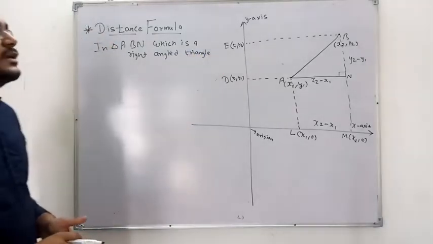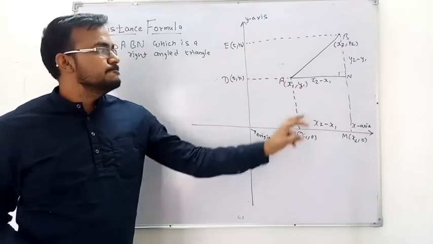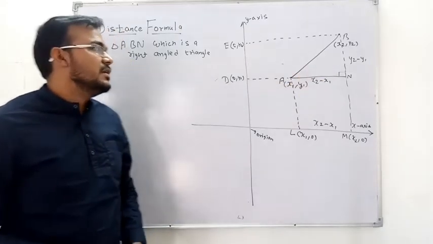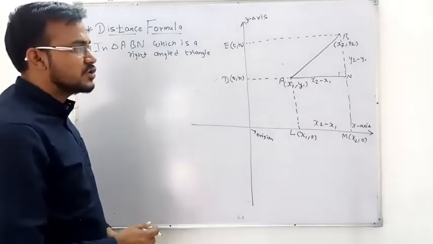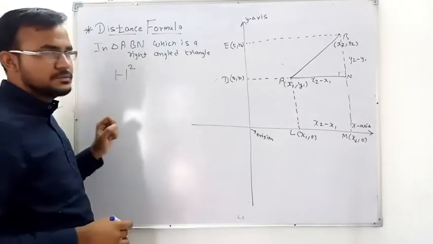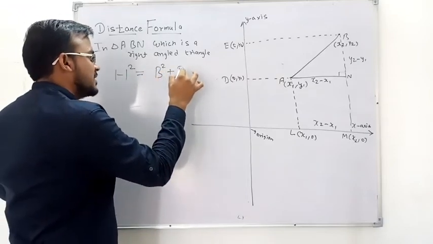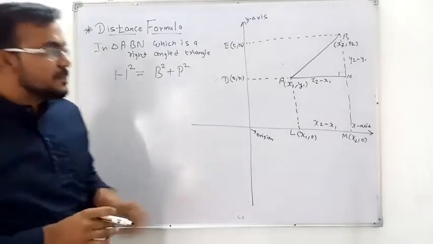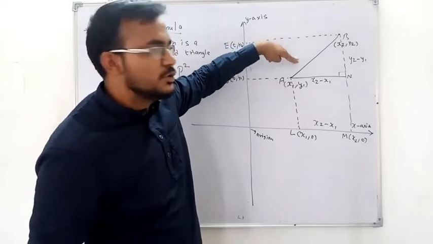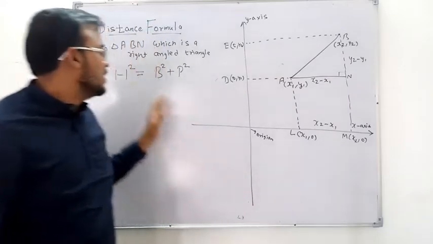The property of a right angled triangle is that we can use the Pythagoras property. What is the Pythagoras property? It says that the square of the hypotenuse is equal to the sum of the squares of the base and perpendicular.